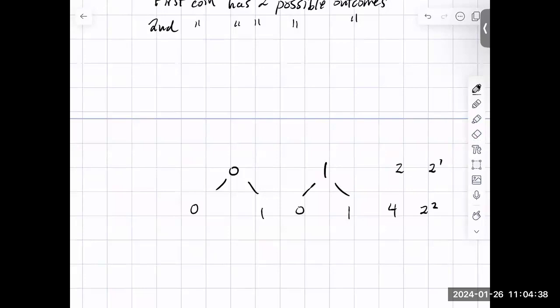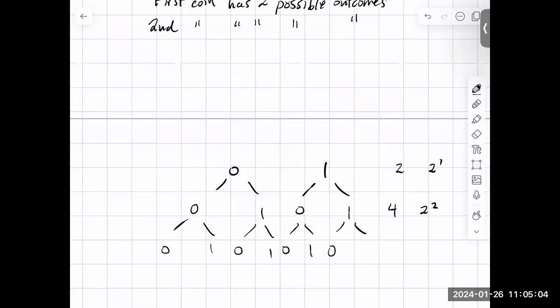Then the third coin hits the ground. We could have a 0, 0, and then a 0 or a 1, or a 0, 1, and then a 0 or a 1, 1, 0, 0 or a 1, or 1, 1, 0 or 1. And so we're going to end up with a total of 8 possible outcomes after we look at the third coin. And then you can see where this is going.